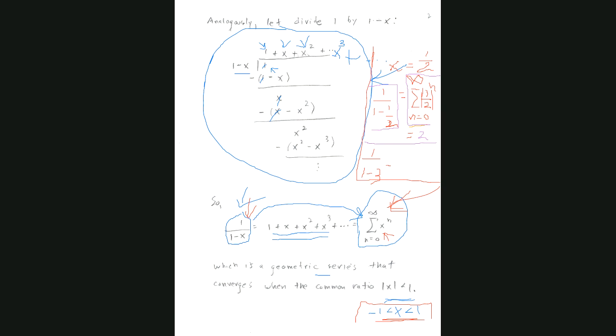If we follow the formula for the power series, 1 over 1 minus 3 will be the sum starting at n equals 0 to infinity of 3 to the nth power.